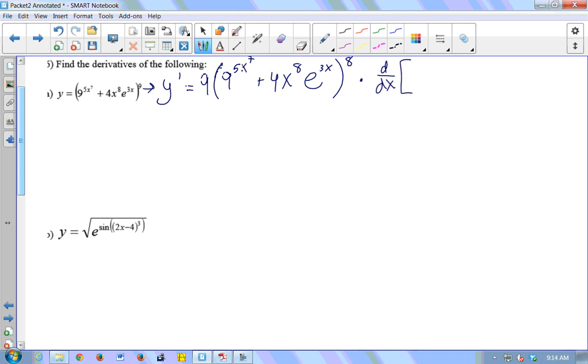So I need to multiply by the derivative of 9 to the 5x to the 7th plus 4x to the 8th times e to the 3x. So I have a bunch of stuff to the 9th, apply the power rule, and I get 9 times the stuff all to the 8th, but then times the derivative of the stuff.